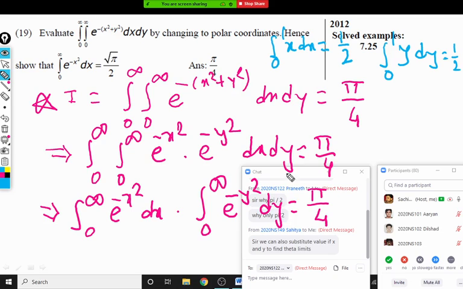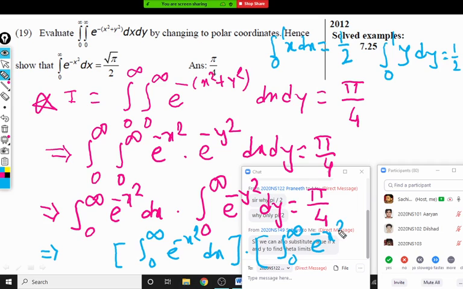When separate integrals are there, only then you can do it. So I can write the integral 0 to infinity e raised to minus x square dx into the integral 0 to infinity e raised to minus x square dx is pi by 4.